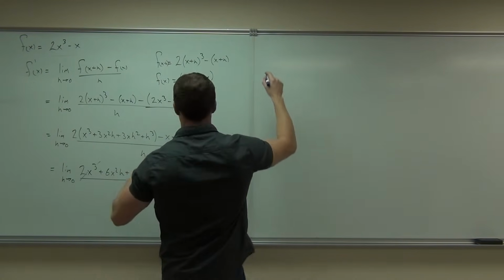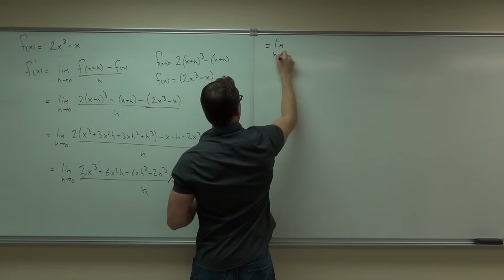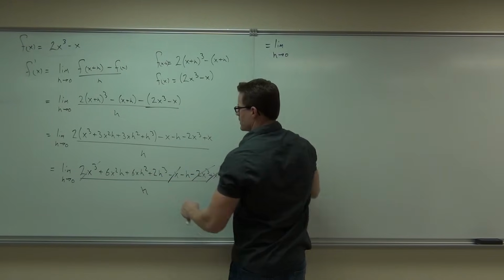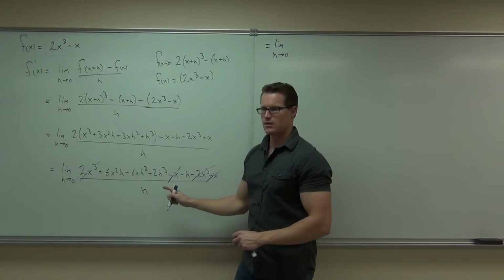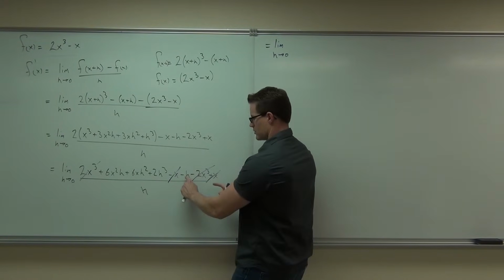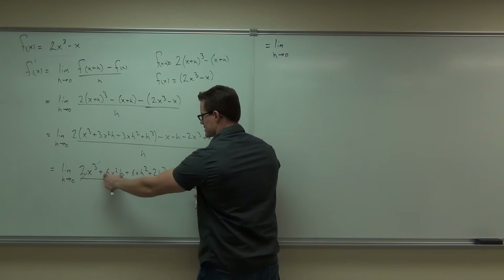So I'm going to work over here. This gives us a limit, h to 0 of, would you mind if I factored out an h as we went? I'm going to factor out h, this is our remaining terms: negative h, 2h cubed, 6x h squared, 6x squared h.